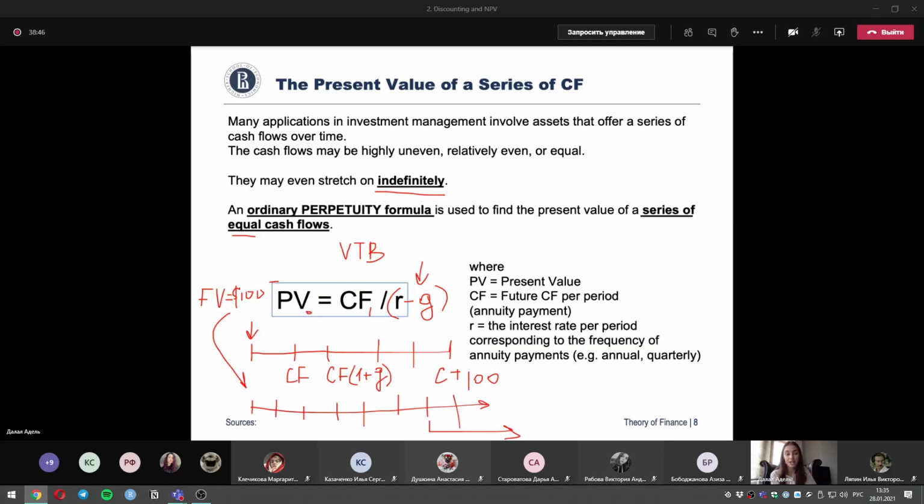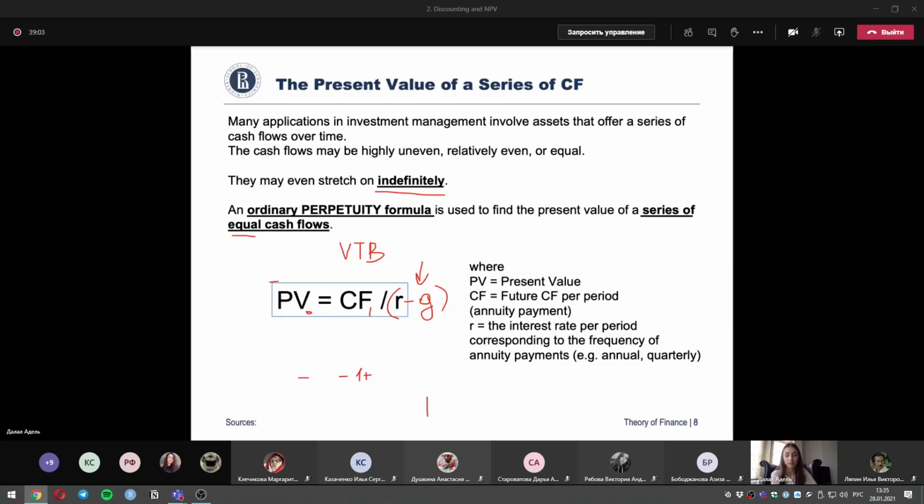So you see, I mentioned companies here, and this is again one of the main assets that we can evaluate with this perpetuity formula. So to understand how we can apply the perpetuity formula for companies, let's consider two companies.